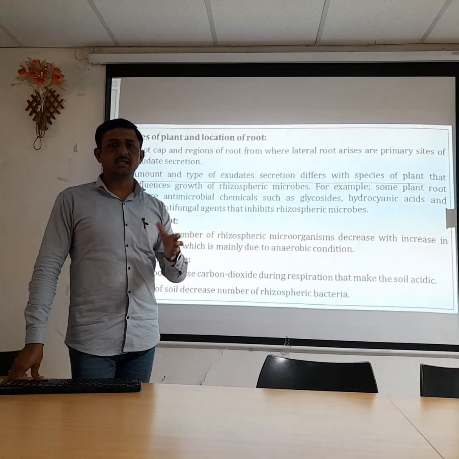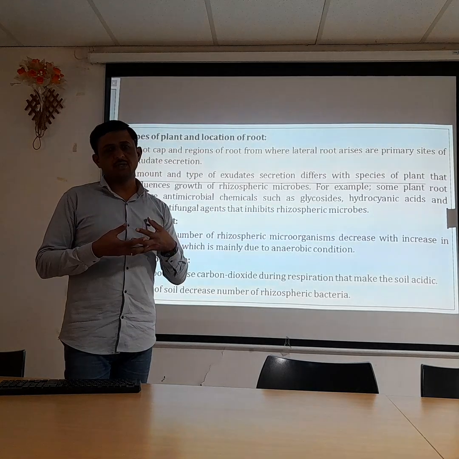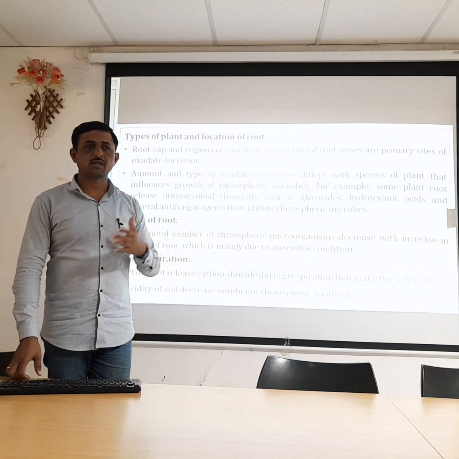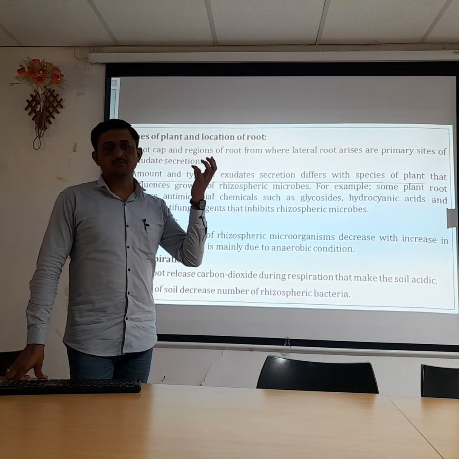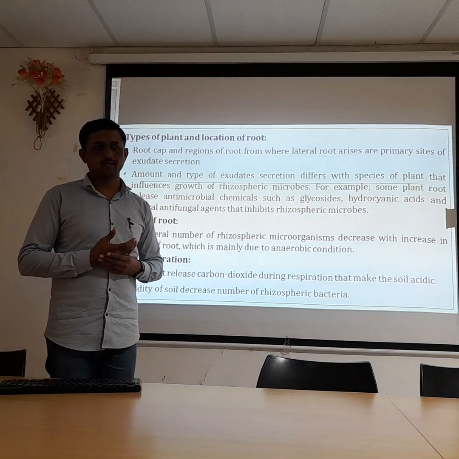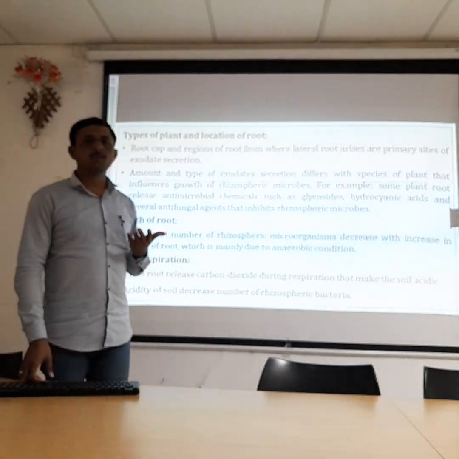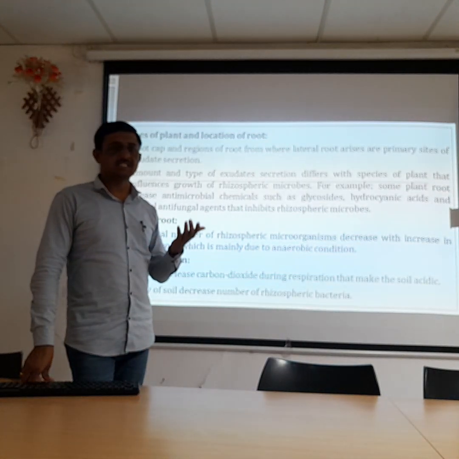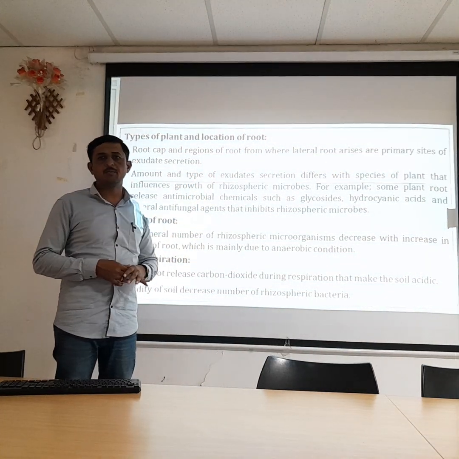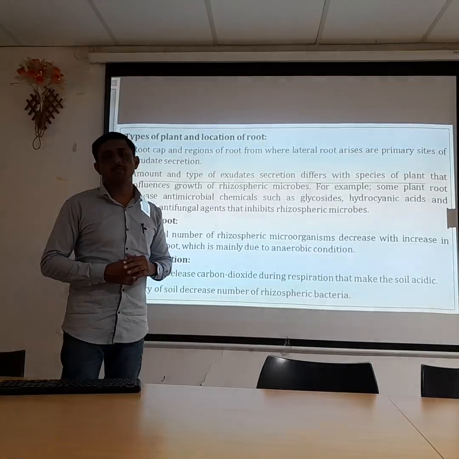Normally, in dicotyledon plants, nitrogen fixing organisms have their association with the plant roots. They absorb nutrition from the plant root, and on the other hand, they fix the atmospheric nitrogen and make it available for the plant. Apart from that, some species of plant have secondary metabolites, or we can say phytochemicals, released from the plant root, which act as antimicrobial or antifungal substances and inhibit the growth of microorganisms.